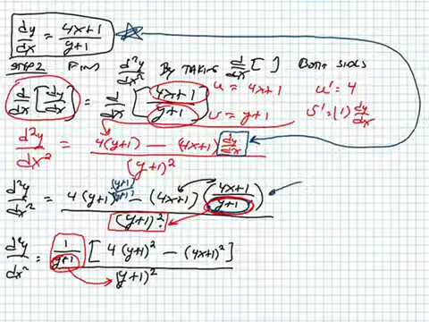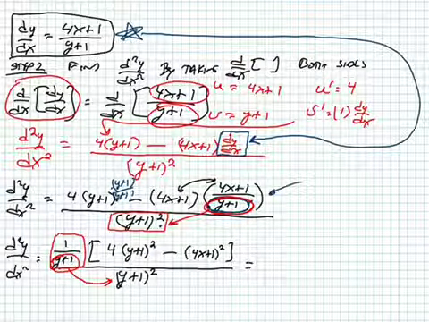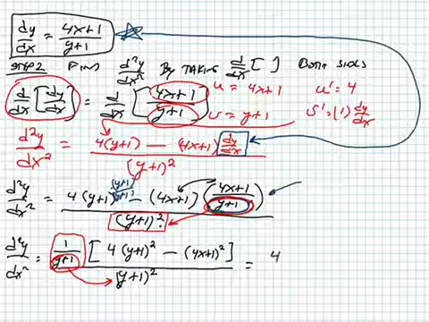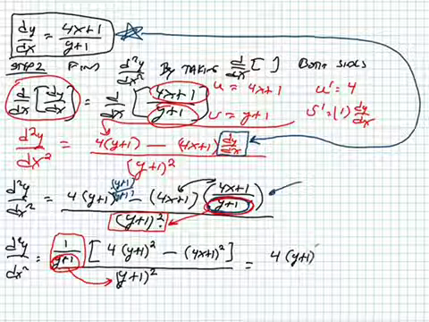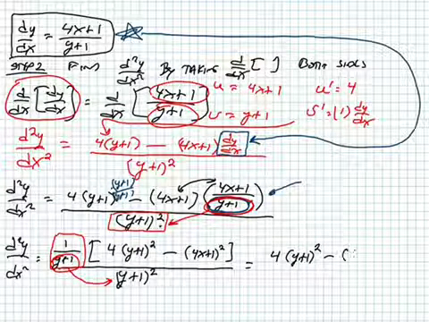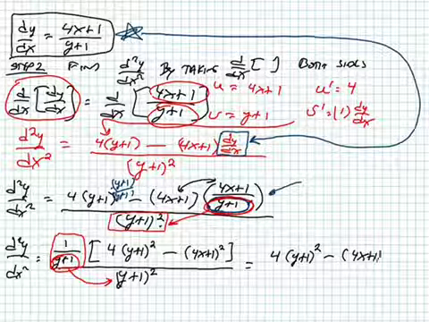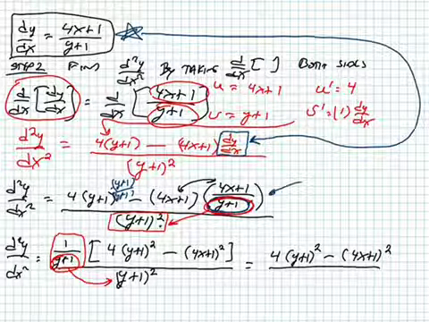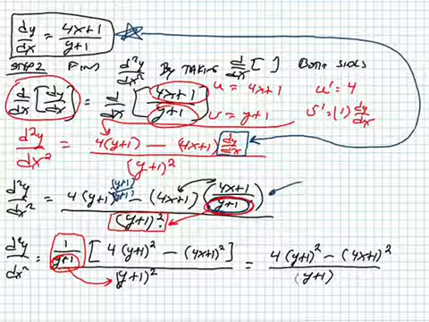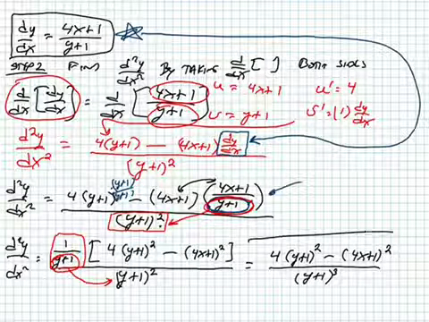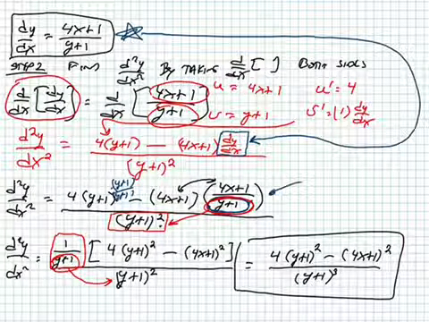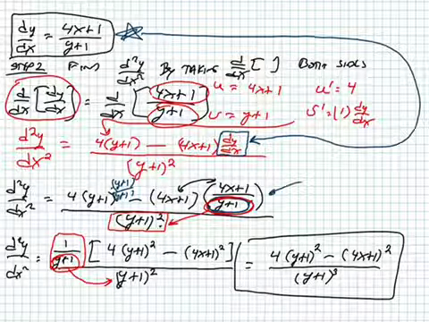So I put those two together, and I get 4 times y plus 1 squared minus 4x plus 1 squared all over y plus 1 cubed. Done. And that's how you find the second derivative in terms of x and y.